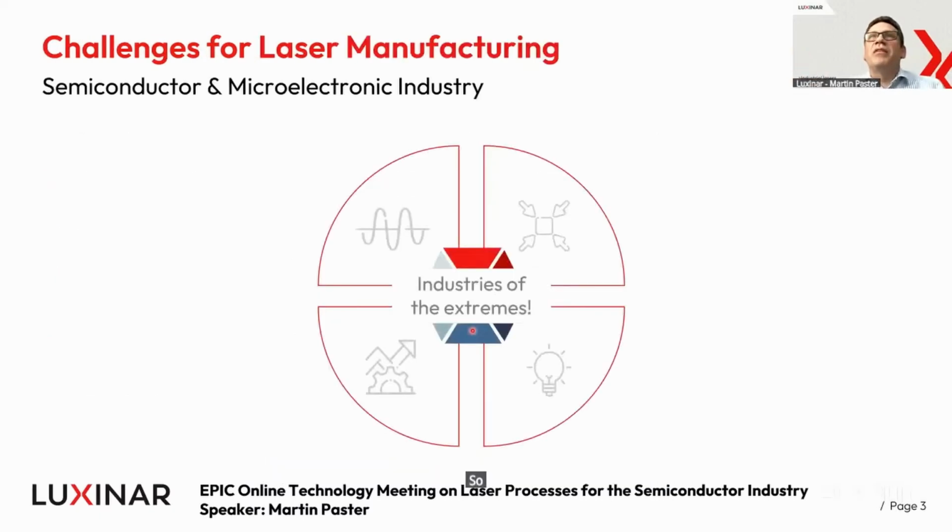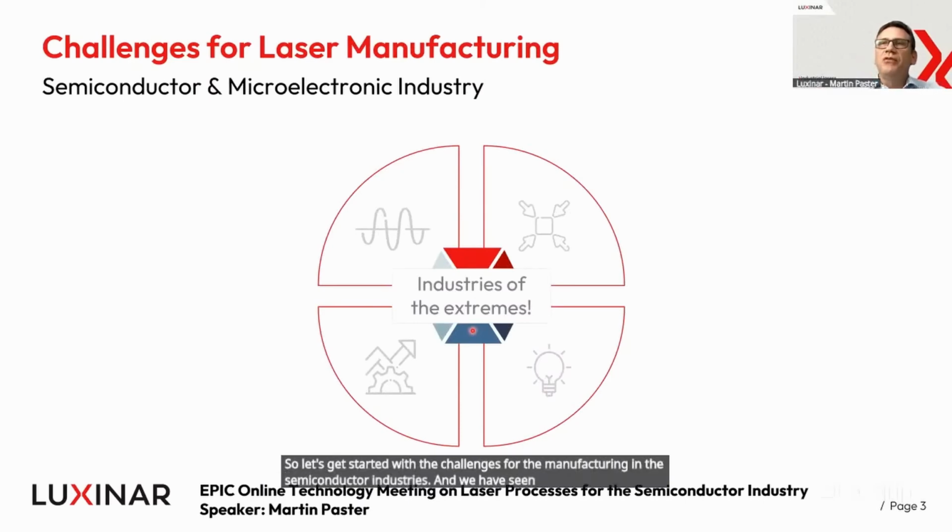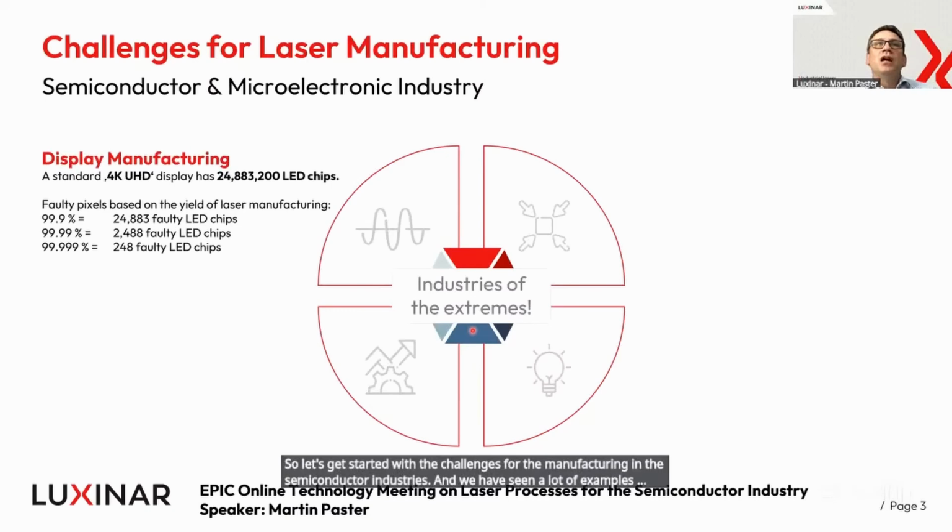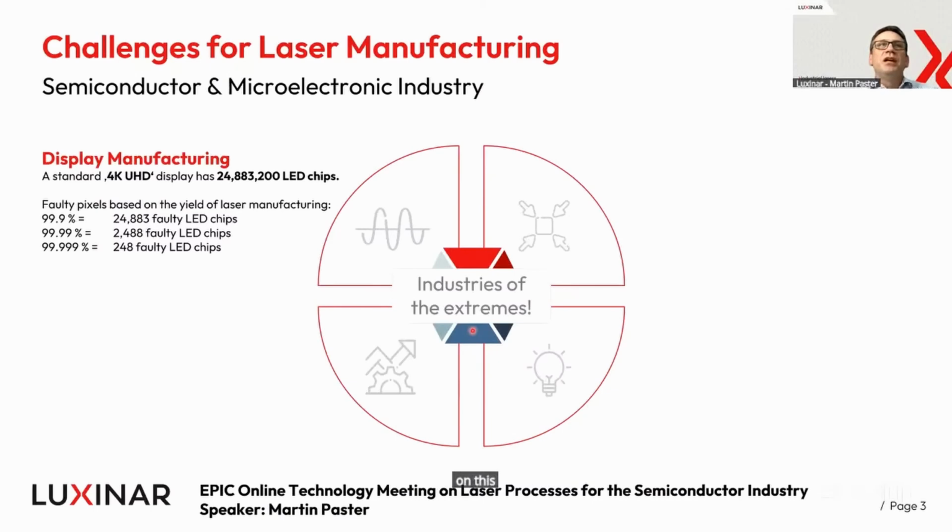So let's get started with the challenges for the manufacturing in the semiconductor industries. And we have seen a lot of examples already this afternoon. For example, if you take a 4K UHD display, it has almost 25 million LED chips on this single display. And you need a crazy high yield.